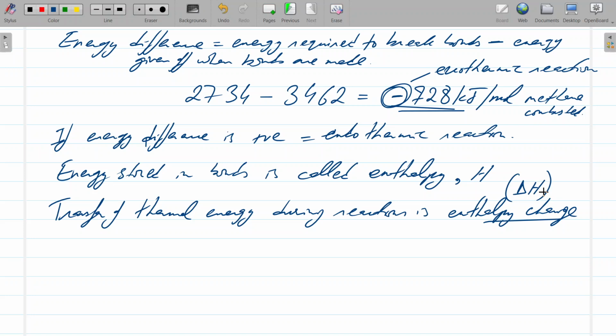One last thing for a reaction that you need to know is the activation energy. The activation energy is the energy required to get the reaction going.